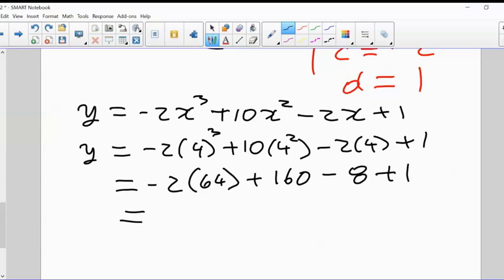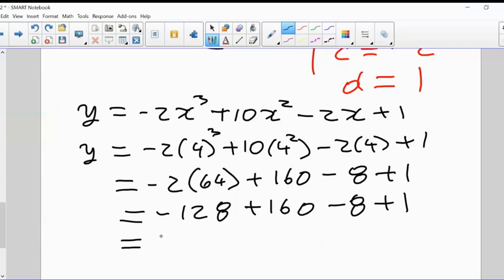I'm doing a lot of this in my head here, folks, so I might need you to bail me out in case I make a mistake. Minus 128 plus 160 minus 8 plus 1. All right, time for my calculator. Minus 128 plus 160 minus 8 plus 1. I'm getting 25. So at least, looks like we're good.